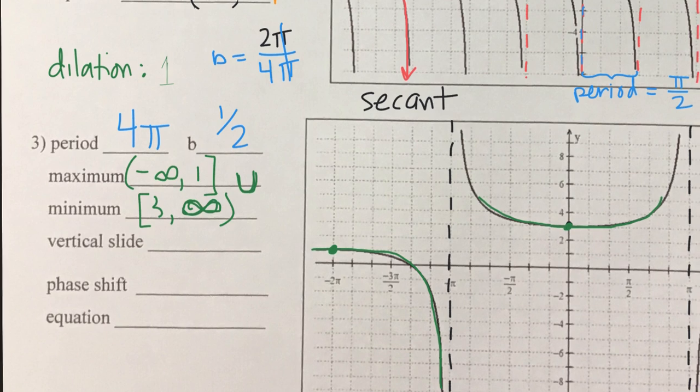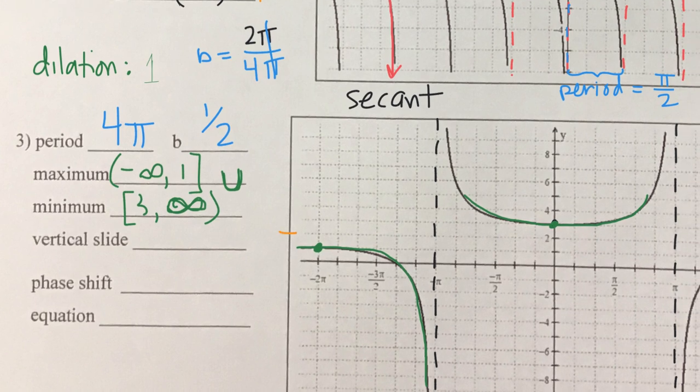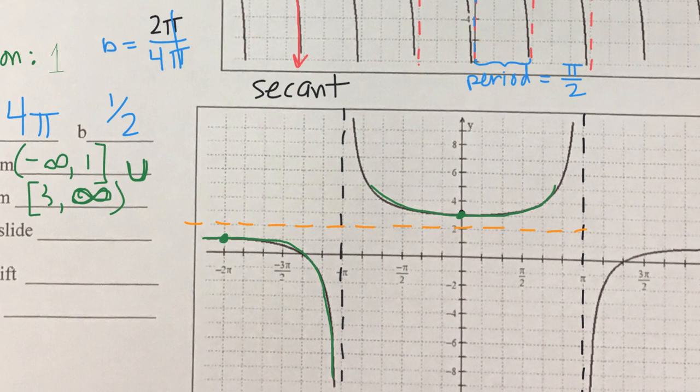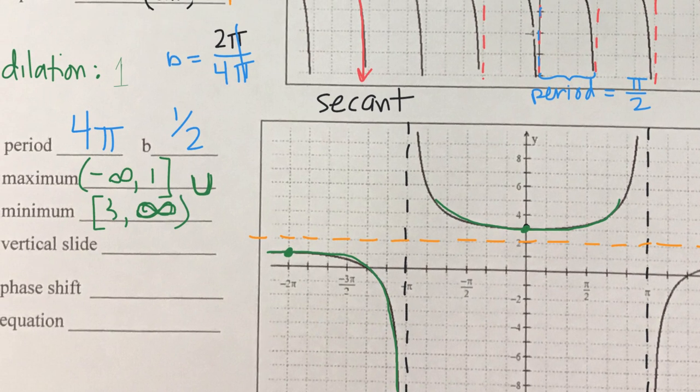Okay, your vertical shift is where the very middle of your U's is. So it's in the middle here. Looks like there are 2 units between the top of my U and the bottom of my other one. So we have a vertical shift of up 2 units. The midline of this graph is 2 units above the x-axis.